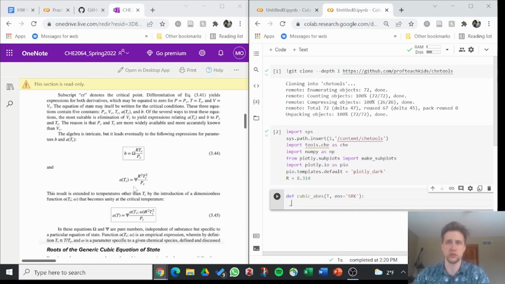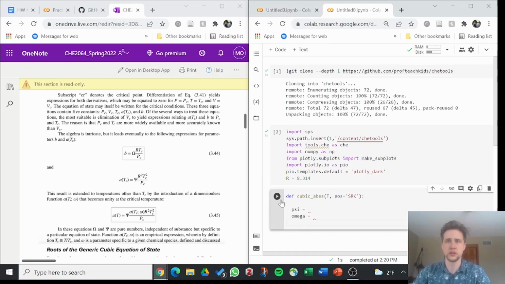One is temperature relative to the critical point, right here, but we're not concerned with that. We want to know what A is with respect to T regardless of the temperature, since we're looking at a whole array of temperatures. Here we've got psi times this whole equation. Some things we know we'll need are psi and omega.